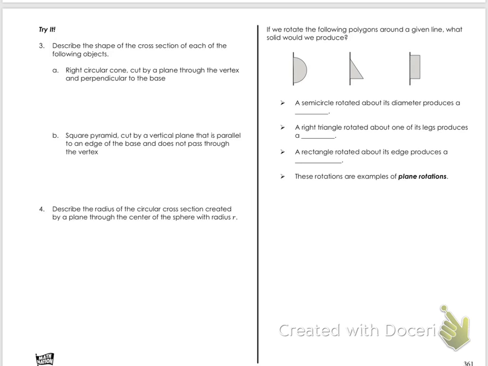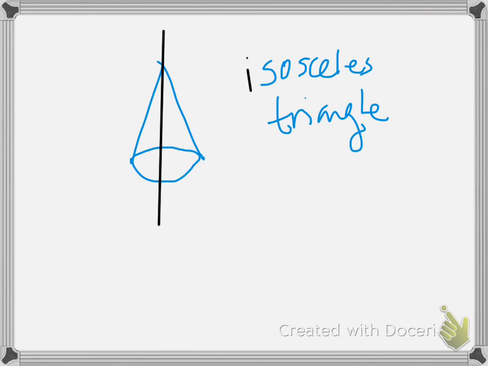A square pyramid cut by a vertical plane that is parallel to an edge of the base and does not pass through the vertex. So, again, my terrible drawing.